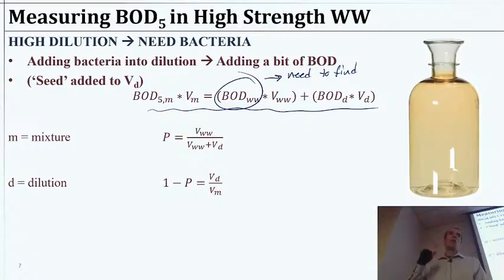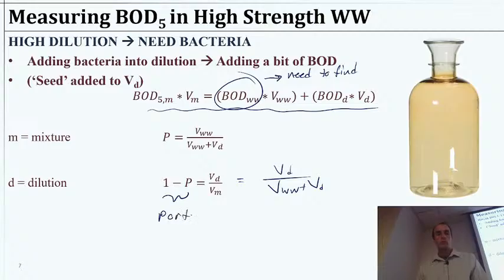The portion that is not wastewater is the portion that is the dilution water, and that would be 1 minus P. So this would be VD divided by V total, or VM, right? This would be V wastewater plus VD. Okay, so if P is the portion that is wastewater, 1 minus P is the portion that is the dilution water.